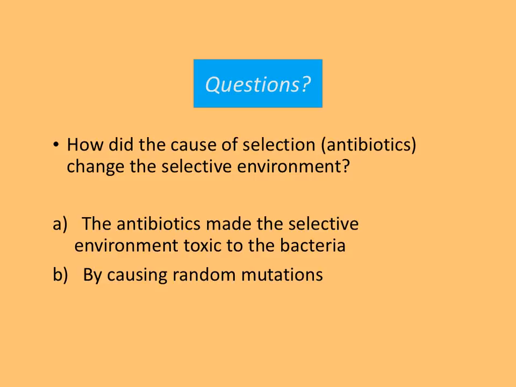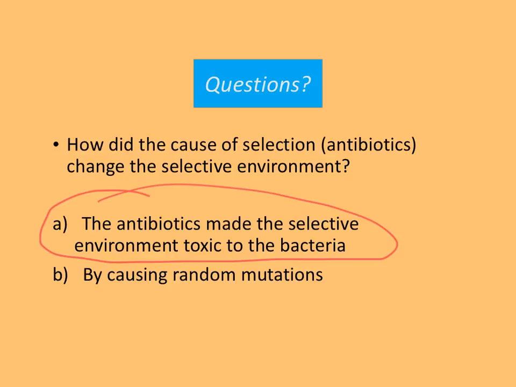How did the cause of selection, in other words, the antibiotics, change the selective environment? The antibiotics made the selective environment toxic to the bacteria, that's A, by causing random mutations. Remember, the antibiotics didn't cause any mutations. Some bacteria had mutations that made them resistant. The other ones didn't.